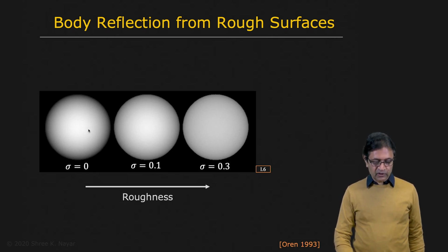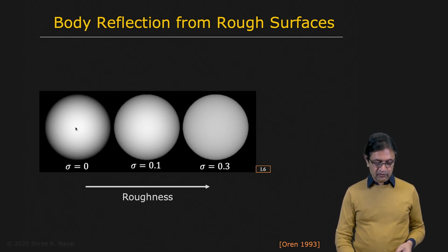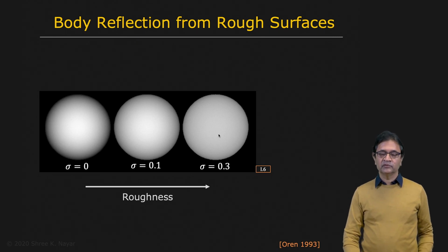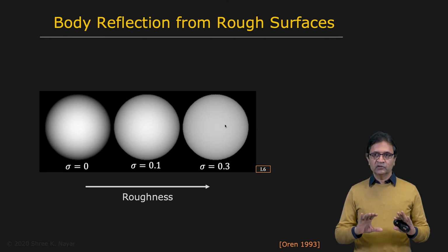And in this case, where you have sigma equal to 0, you get a perfect Lambertian sphere. You see that you have a bright point here, and then the brightness falls off rapidly towards the edge. As you start increasing sigma, something interesting happens, which is that the sphere begins to appear flatter and flatter. In this case of sigma equal to 0.3, you see that the sphere begins to appear more like a flat disk, like a cutout disk.